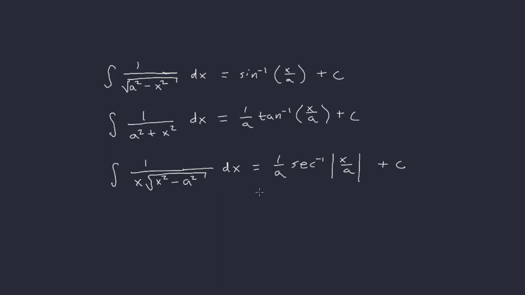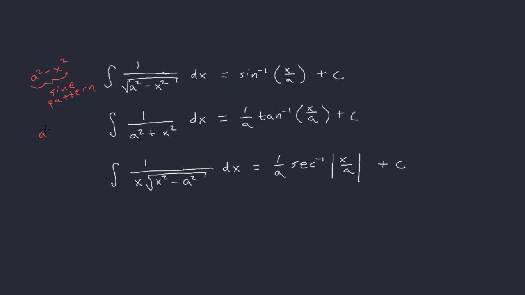I do want to mention, though, that these patterns, store these away for later. We're going to see this a lot. This a squared minus x squared, that is a sine pattern. Now, if it is stuck underneath a square root, underneath a fraction, then it is a sine inverse pattern specifically.